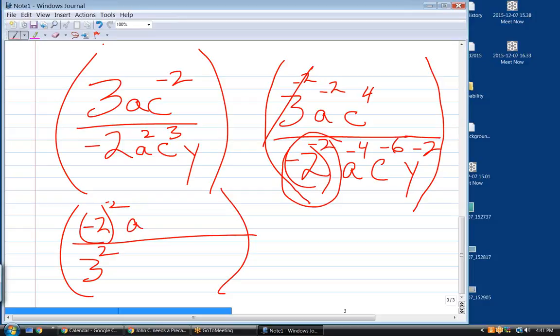That might be the easiest way to do the problem, avoiding mistakes. Okay, you see how I did that? Okay, we're going to do the same thing to the C. I'm going to leave that in the numerator because it had a positive exponent, but I'm going to move this C up to the numerator in order to change its exponent to positive. And I'm going to do the same thing to the Y. Okay? Now, let's simplify. What do the numbers become?